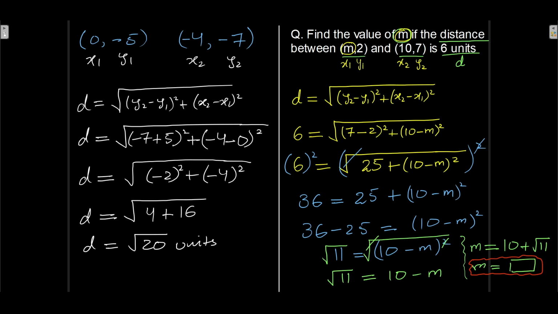There is one more concept which is linked with the distance formula. The distance formula can be written in a few forms, but all those forms are entirely the same. The one I used in my examples was y2 minus y1 whole squared plus x2 minus x1 whole squared.